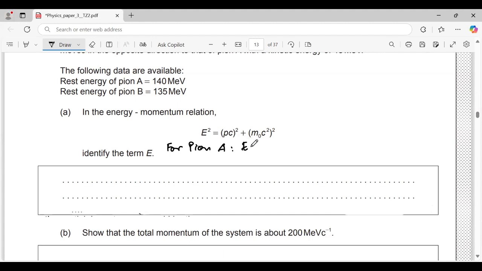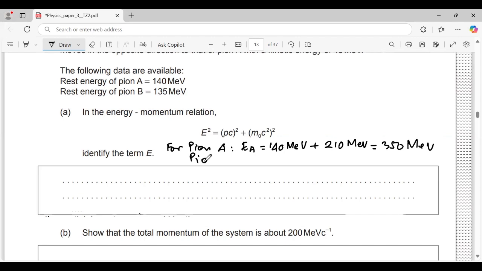The energy, according to the information, is 140 mega electron volt plus 210 mega electron volt, and it is 350 mega electron volt.